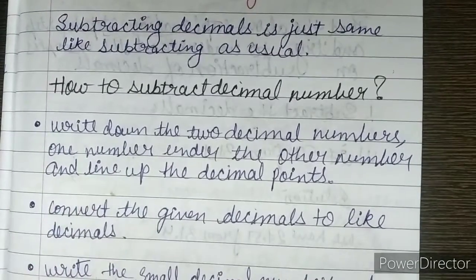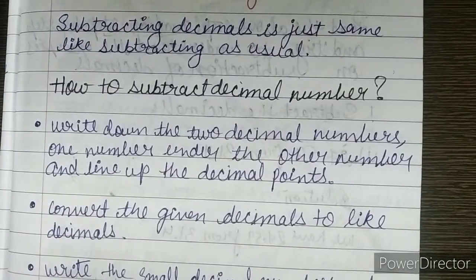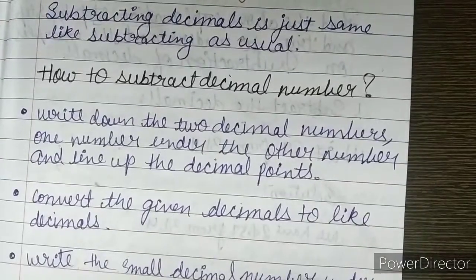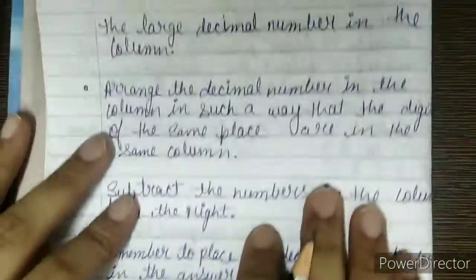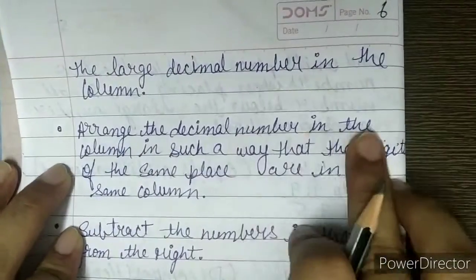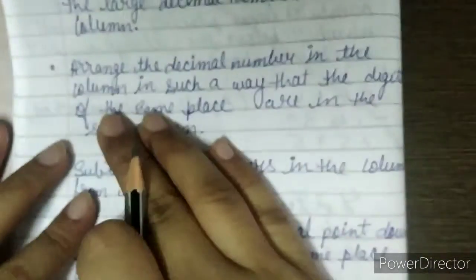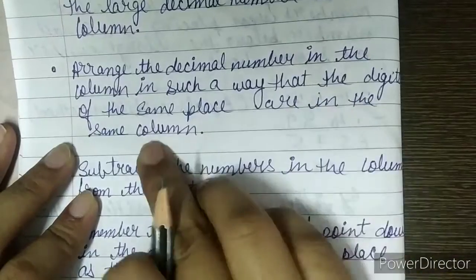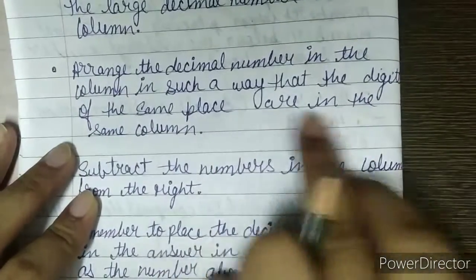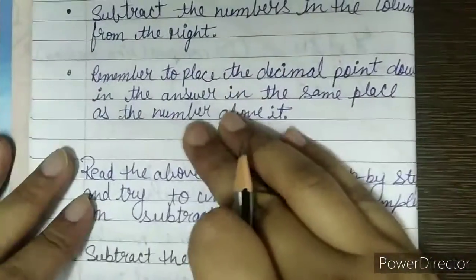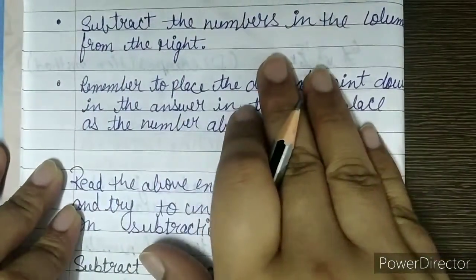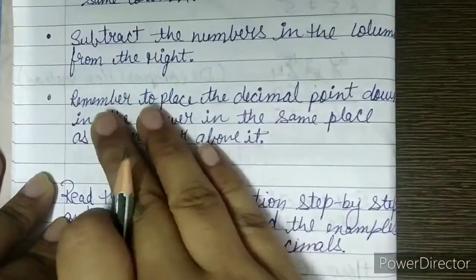Convert the given decimals to like decimals, then write the smaller decimal number under the larger decimal number in the column. Arrange the decimal numbers in the column in such a way that the digits of the same place are in the same column. Then subtract the numbers in the column from the right.